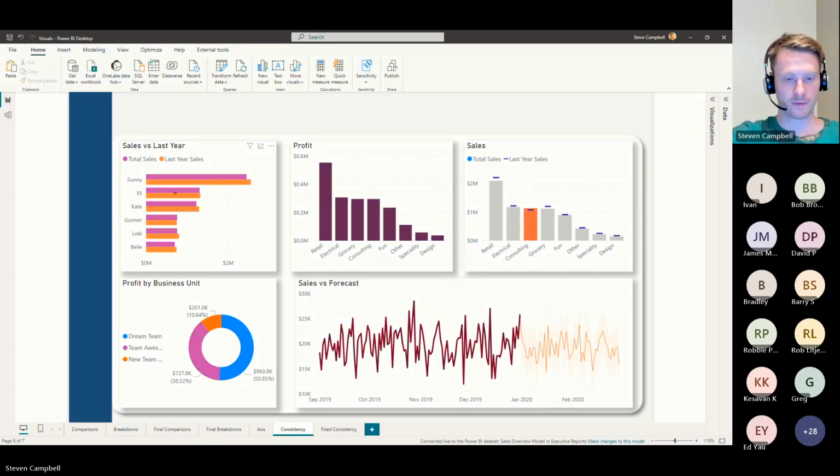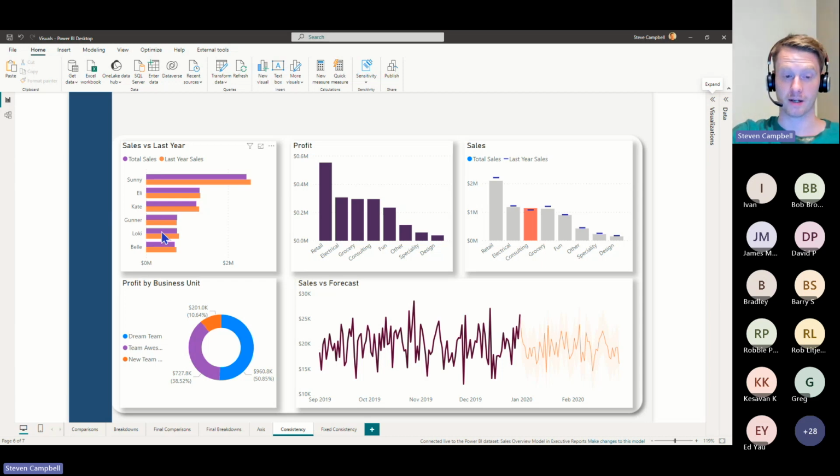This one, I just activated my color blindness. I have this purpley color for total sales. You also have this orange color for last year's sales. So as a consumer, my first thing would say, oh, look, I first look here. This is probably where I'm first going to look at a page, and I see total sales.